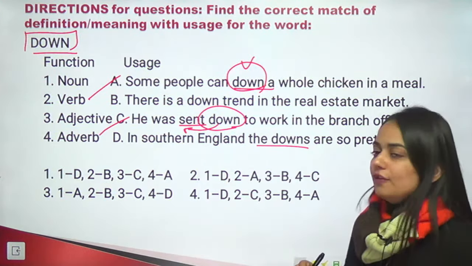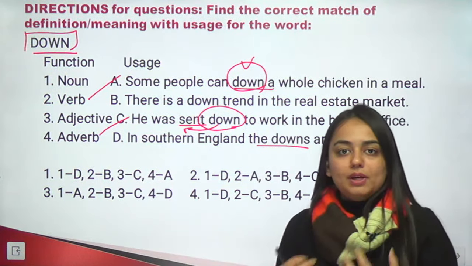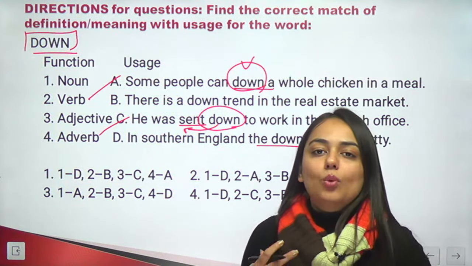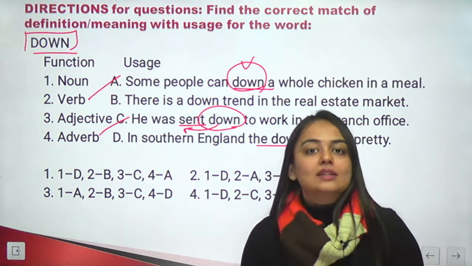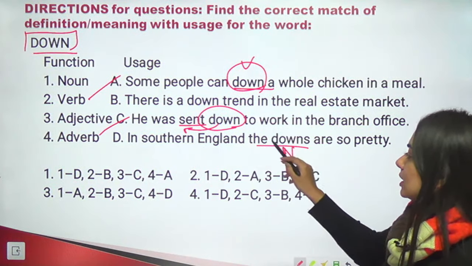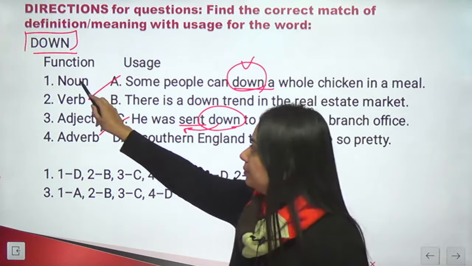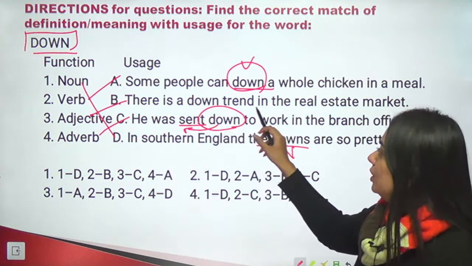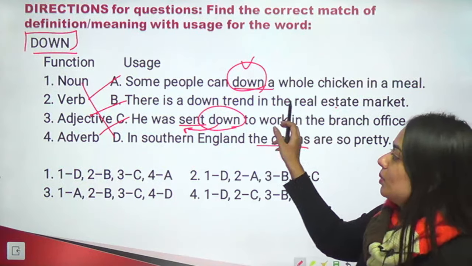So there are a lot of hints, but you will be feeling comfortable about it, or you will be easy with it only once you've practiced enough questions. So this down is clearly a noun क्योंकि इसके साथ article the use हुआ है. It means this one, there is a downtrend in the real estate. Now this one is an adjective.